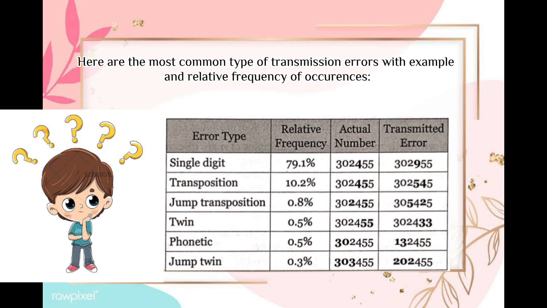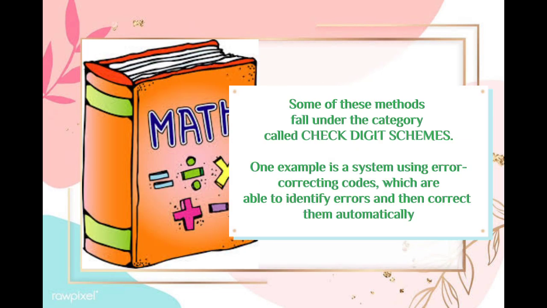This scenario gives rise to the development of methods by which the receiver can recognize when a product tag has been transmitted correctly. Some of these methods fall under the category called check-digit schemes. One example is a system using error-correcting codes, which are able to identify errors and then correct them automatically.